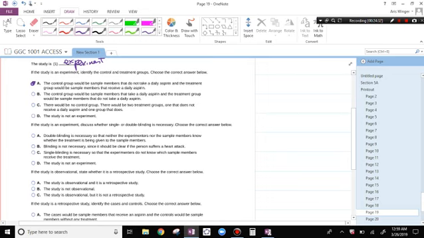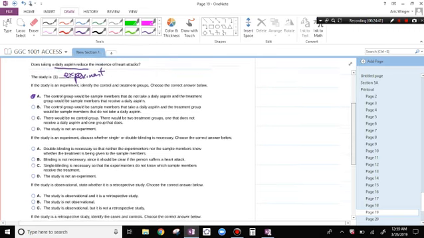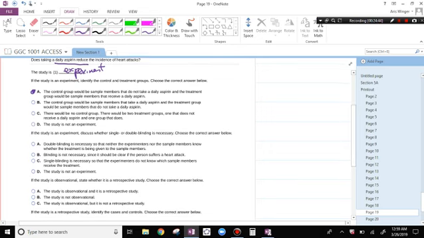Here, it doesn't matter whether the people who are participating know whether they're getting aspirin or not.